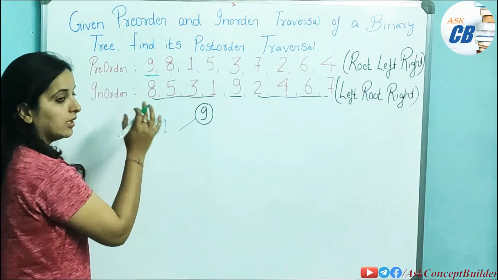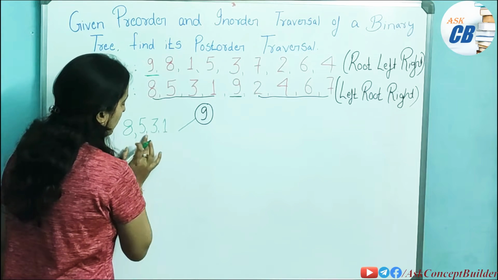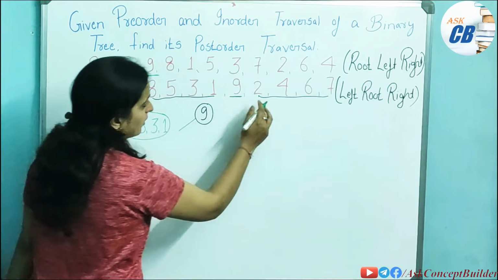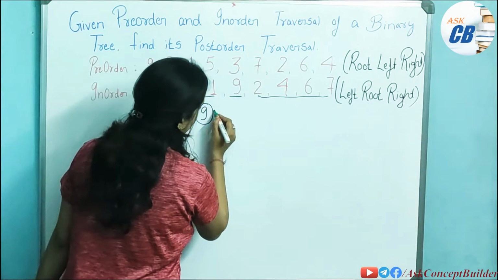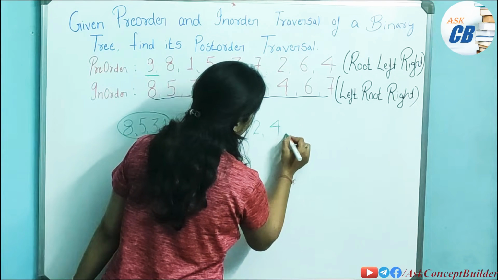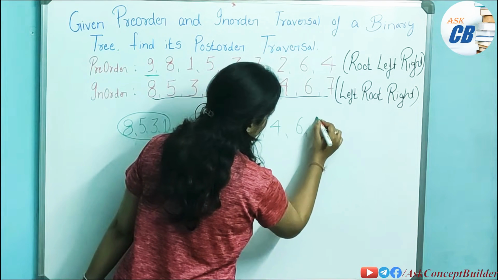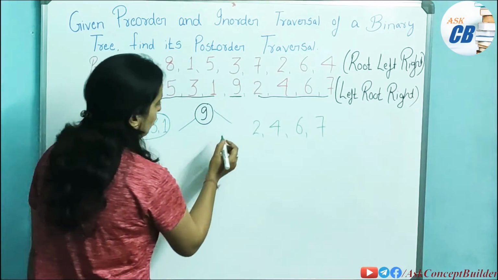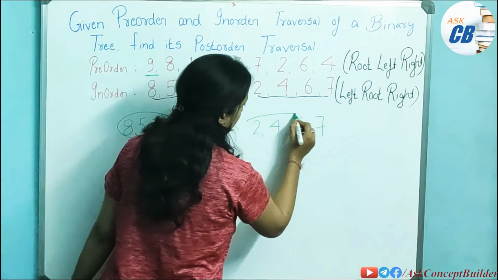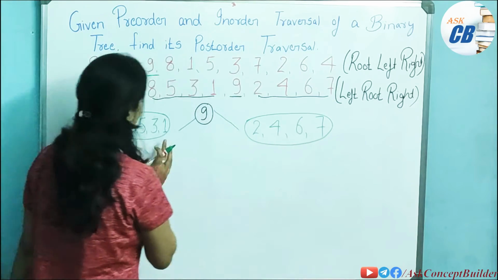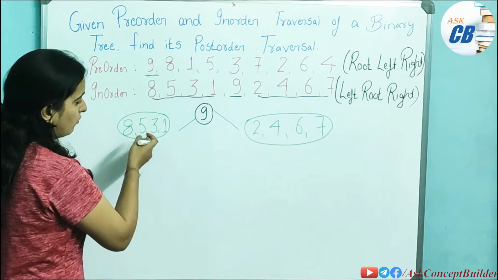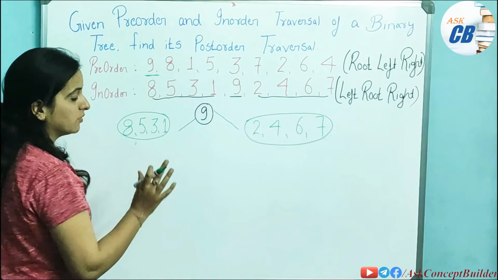So all the left elements you write on its left, and all the right nodes on its right. So this is your 2 4 6 and then 7. We are sure that these elements will come to the right and these to the left, but we don't know yet how they are arranged among themselves.